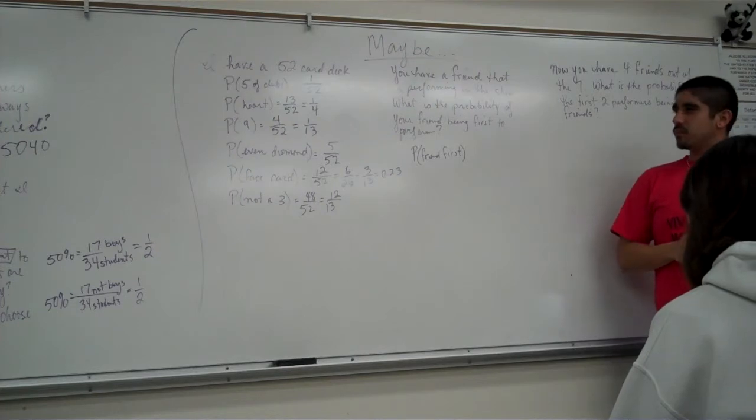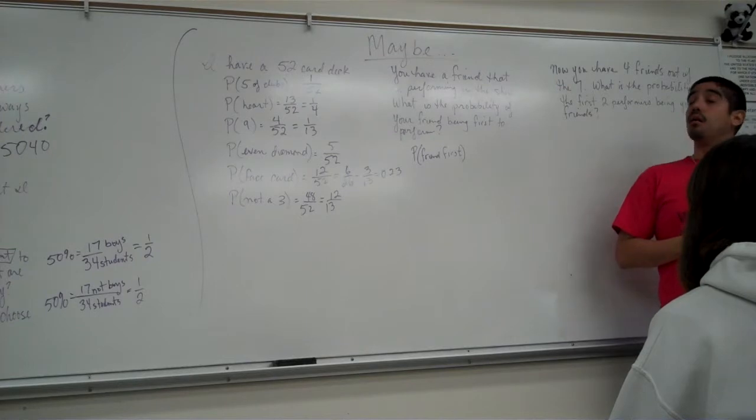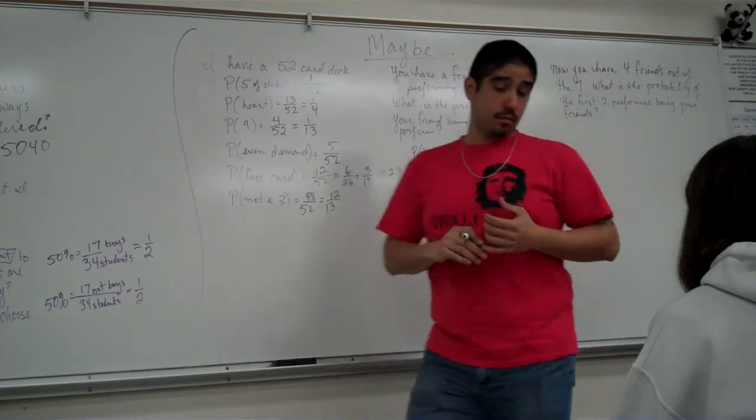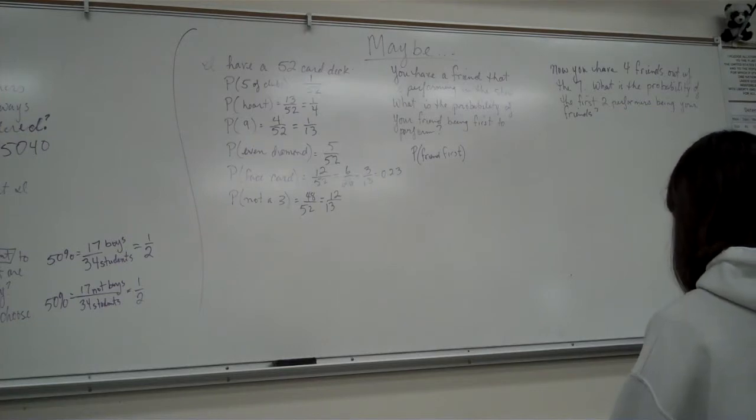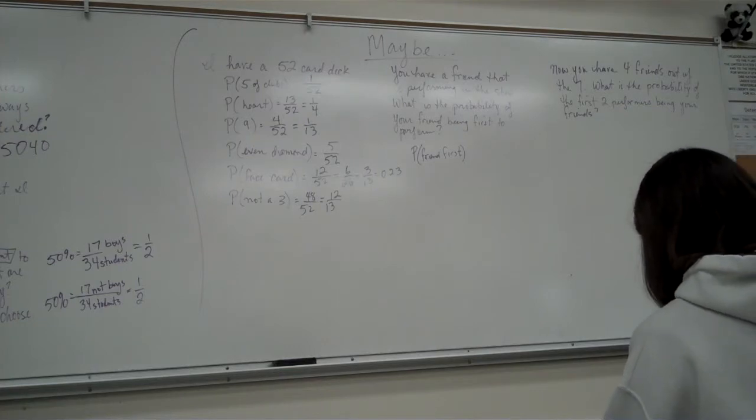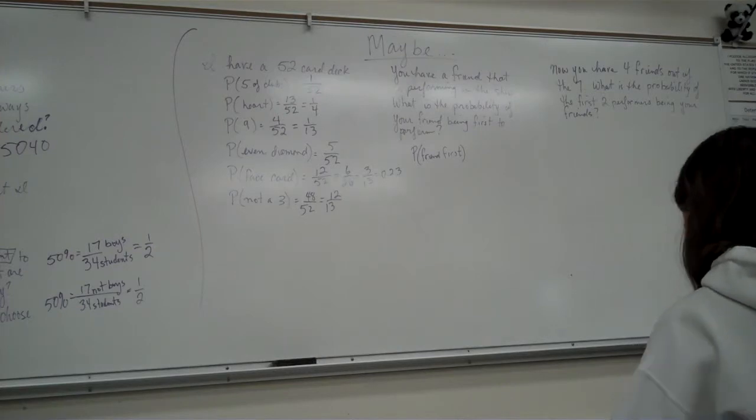Why? There's 7 people and it's 1, because we don't care about the people that come after. Wait, I have a question. Probability of your friend getting first, is that different than this? Does it have to do with 1 being in the front?